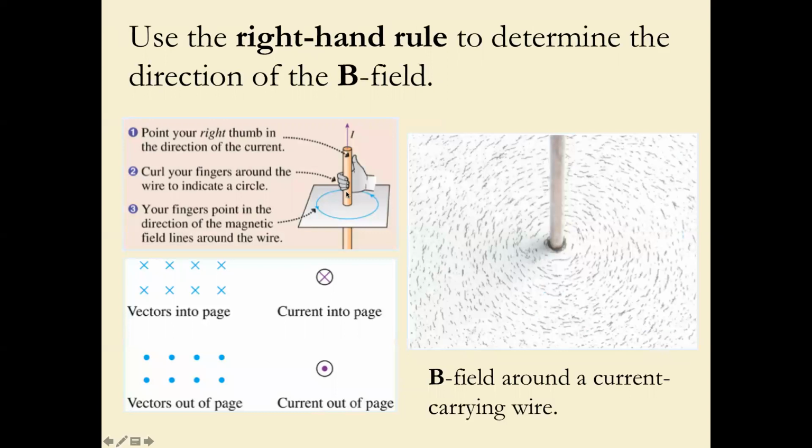And here we will learn how to find the direction of the magnetic field by using the right-hand rule. It's very easy if you follow these 3 steps. The first step: look at the rod, it has an upward current.